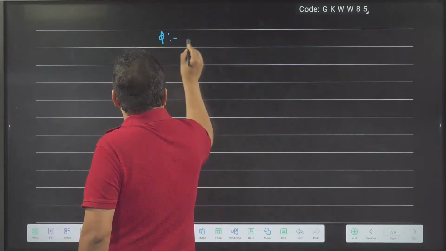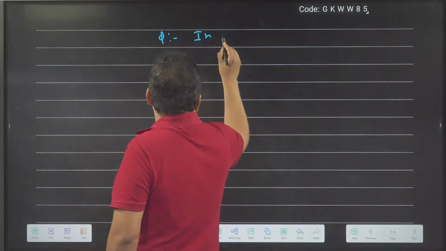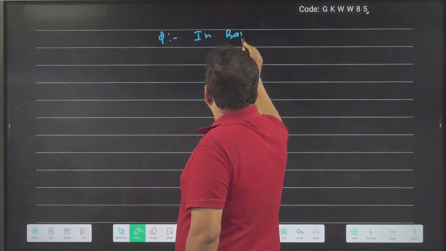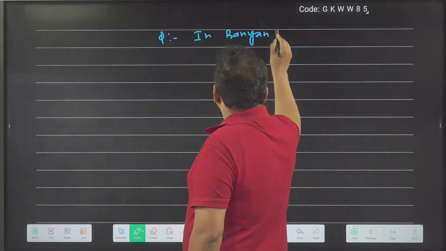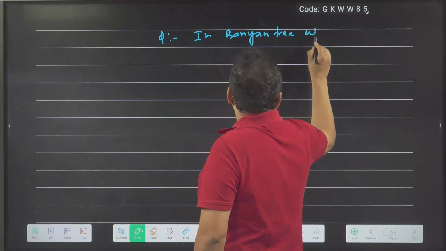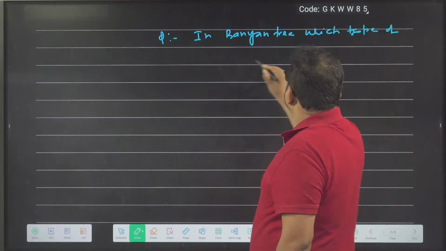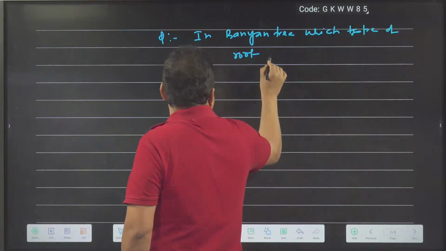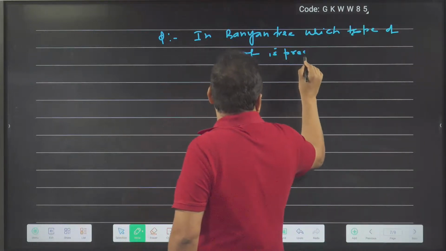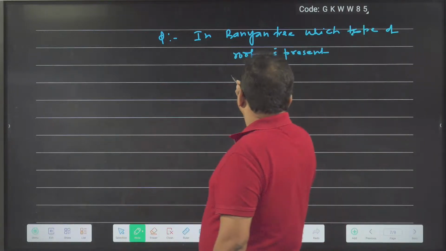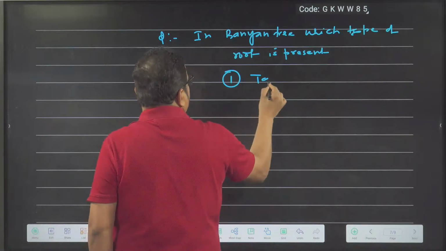Question. In banyan tree, which type of root is present? First, taproot.